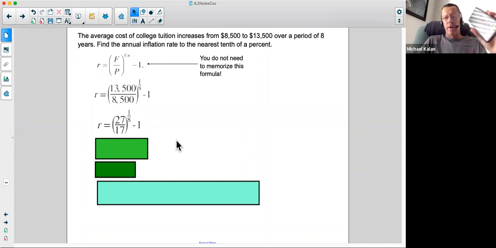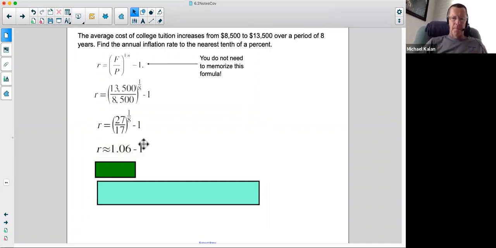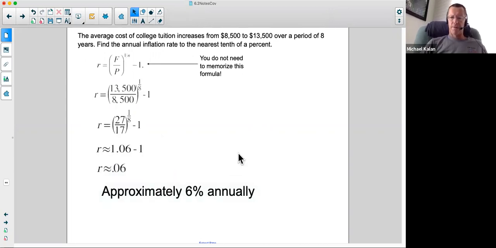Or you could realize that 1/8 is 0.125 and just go that way. All right, so it rounded to 1.06, which is very similar to what I got in my calculator there. And so that becomes 0.06. So to the nearest tenth percent, it's approximately 6% annually.